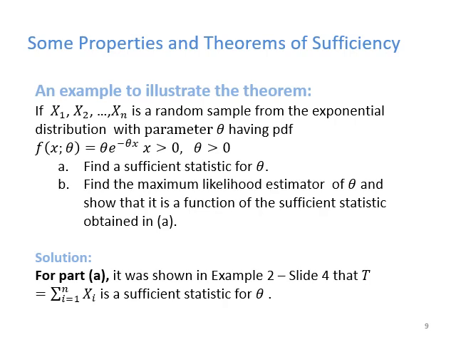After that, we want to find the maximum likelihood estimator of theta and show that the maximum likelihood estimator is a function of the sufficient statistic. To solve part A, remember that already we have shown in example 2, slide 4 in this lecture that t equals summation xi is a sufficient statistic for theta.